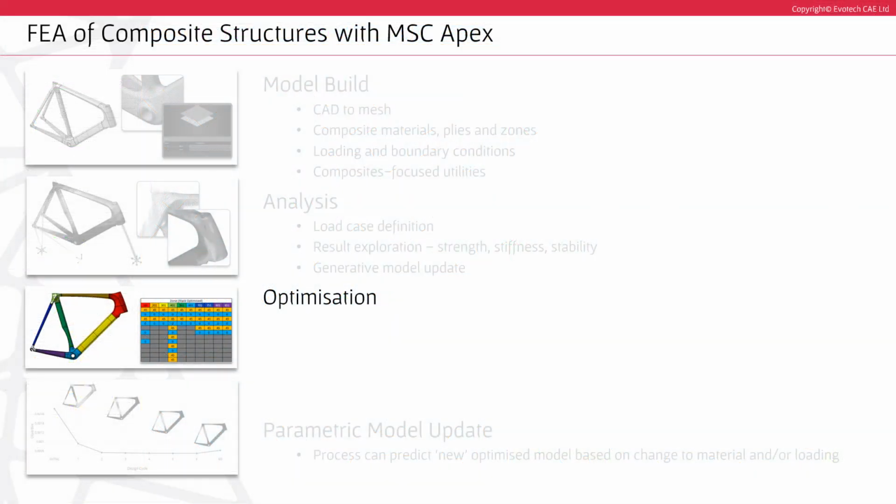So with our model built and analysed, we can now start to look at the optimization of a structure. So obviously there's very many parameters in the composite build, and it can be very difficult to try and optimize these. So generally speaking, traditional composite optimization may be using classical sizing methods, which would look at the load transfer, the load distribution in a structure, and then try and understand what laminate and ply definitions are required.